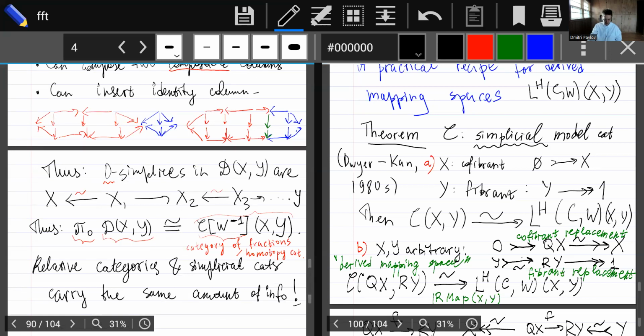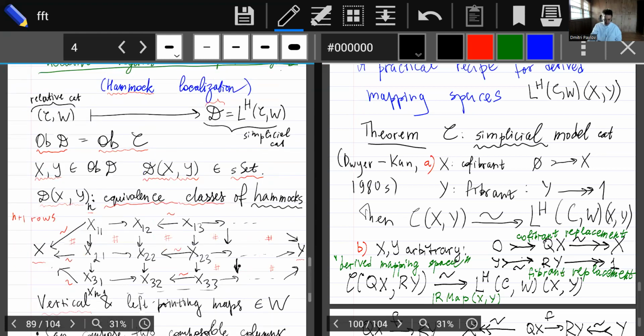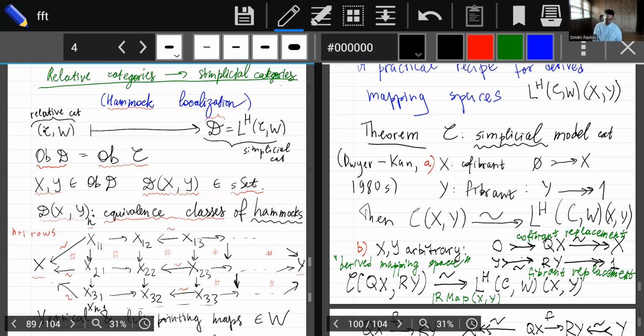Previously we studied the hammock localization, which starts with a relative category and produces a simplicial category. It was given by this somewhat non-trivial construction, which for vertices already has zigzags of formal compositions of morphisms and their inverses. And there is a non-trivial equivalence relation you have to impose. So this is all pretty non-trivial and not so easy to study directly.